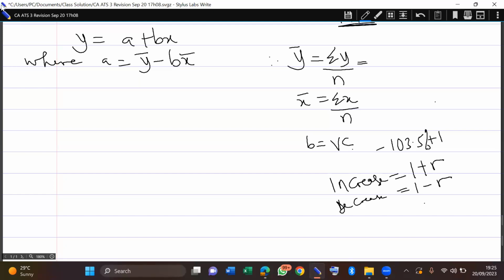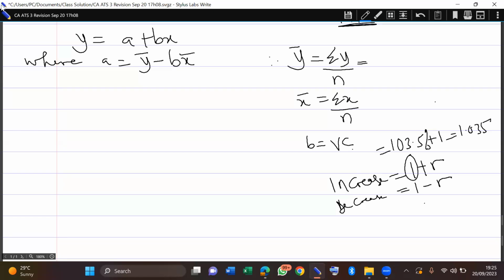Can somebody convert this to decimal? 103.5 divided by 100 will give us 1.035.